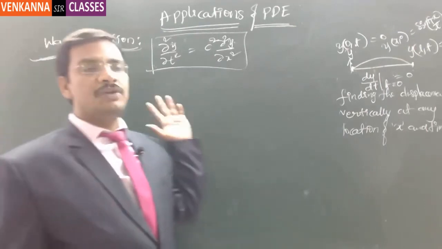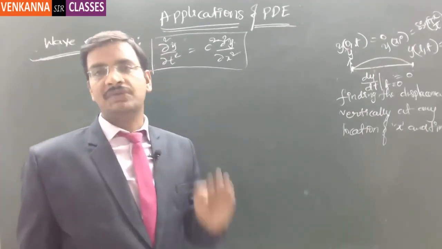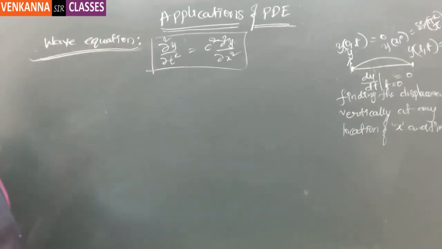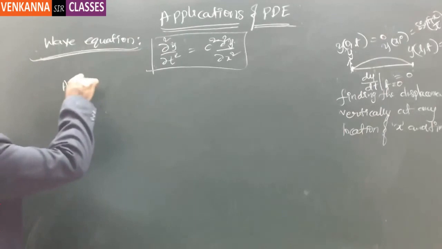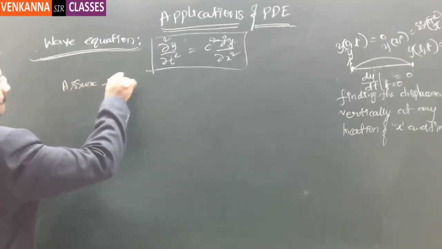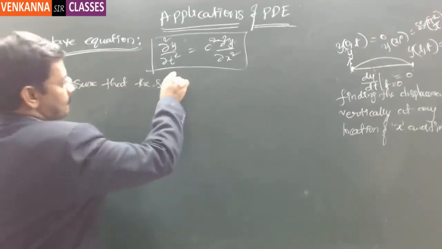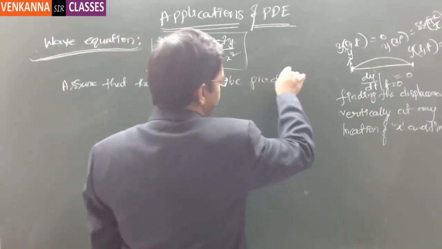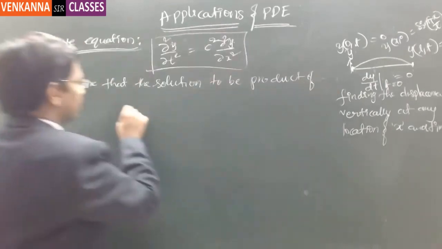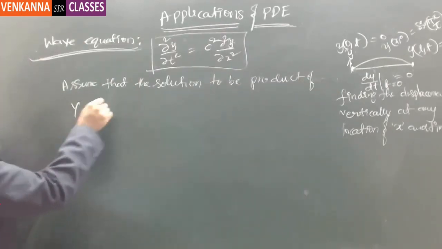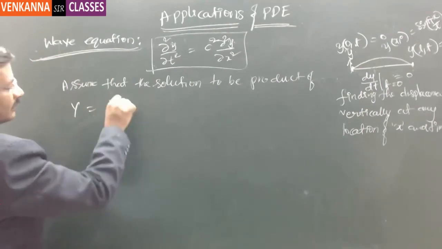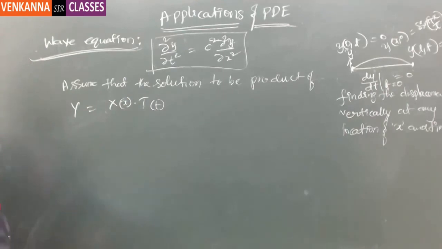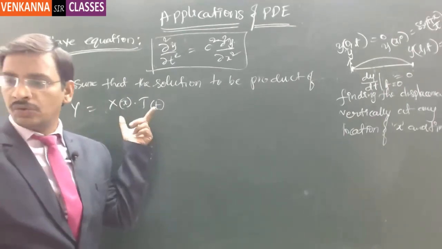Now for this kind of differential equation, whether it is a wave equation or a heat equation or a Laplace equation, the methodology we are going to adopt is to assume that the solution is a product: y is equal to X of x into T of t. What it means is, let the solution be a product of two different functions.